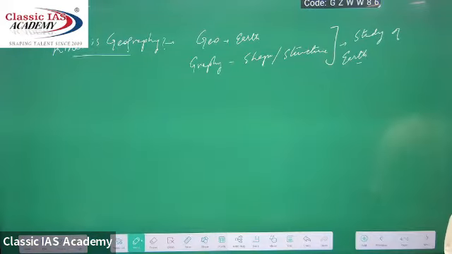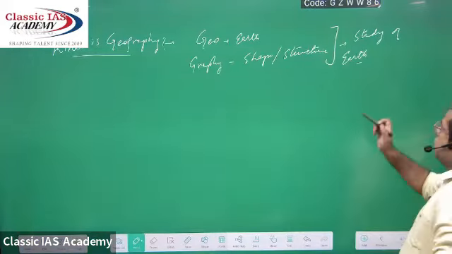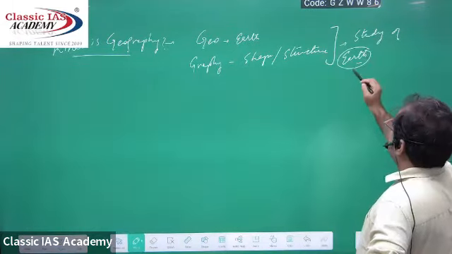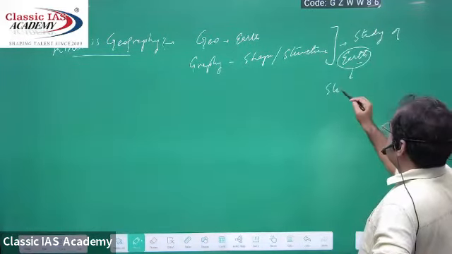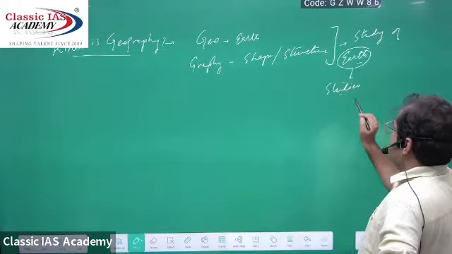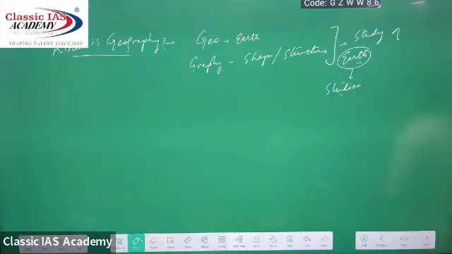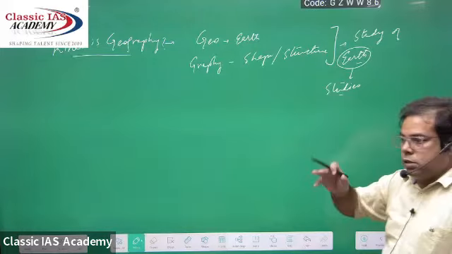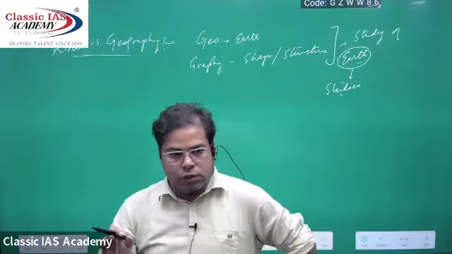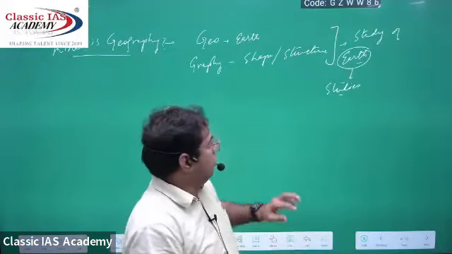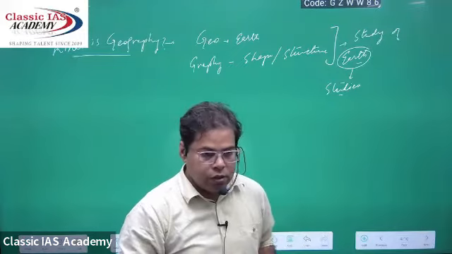Study of earth means whatever is found on the earth, we study. Earth also has a surface area, and water is also there. So whatever exists on the surface of the earth, we discuss in geography.